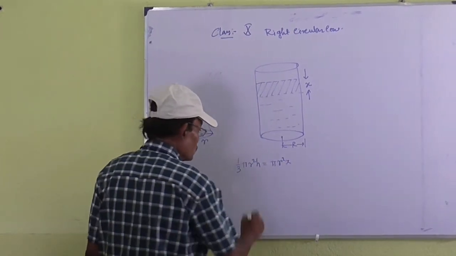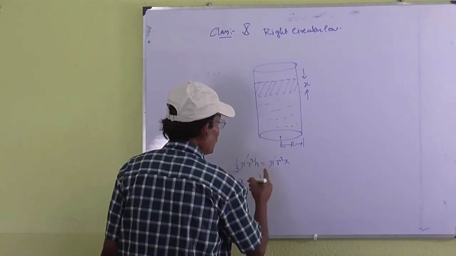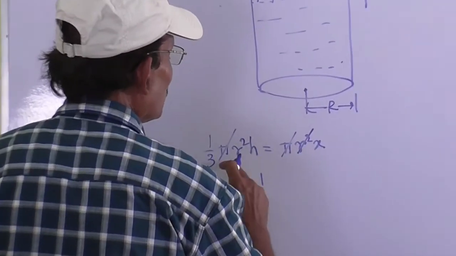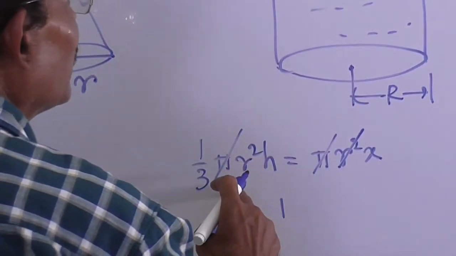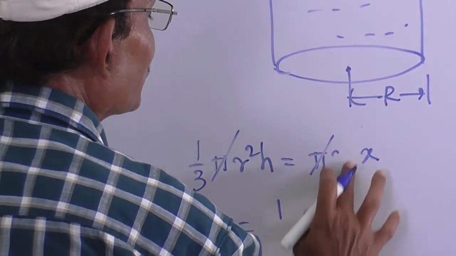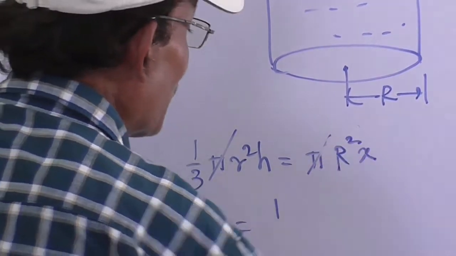So, from this we have, cancelling pi, sorry, it will be taken capital R, it is not to be cancelled. This will be a mistake.